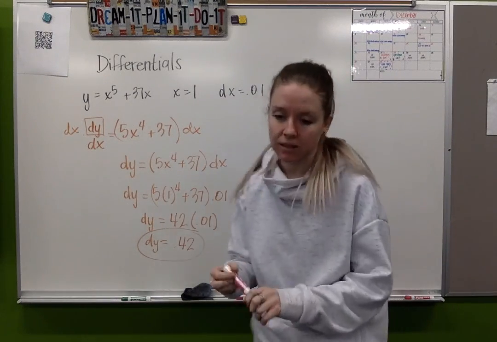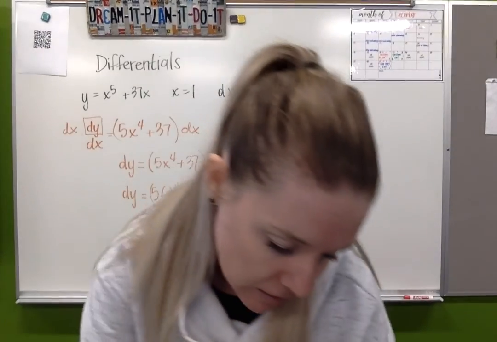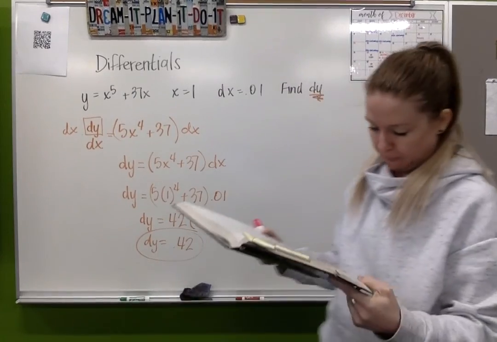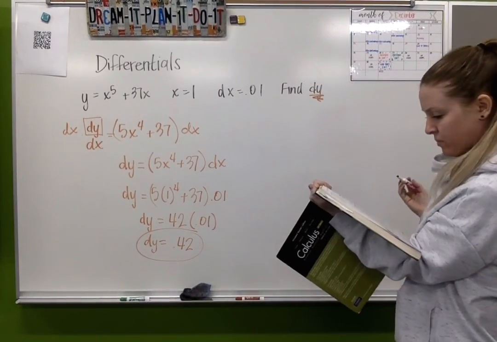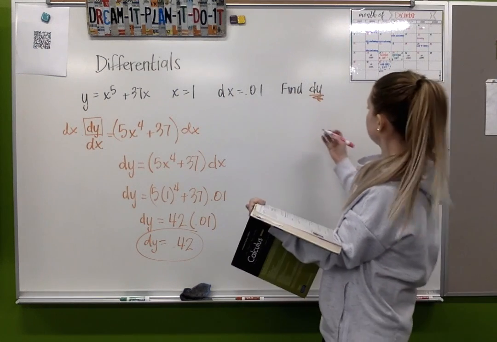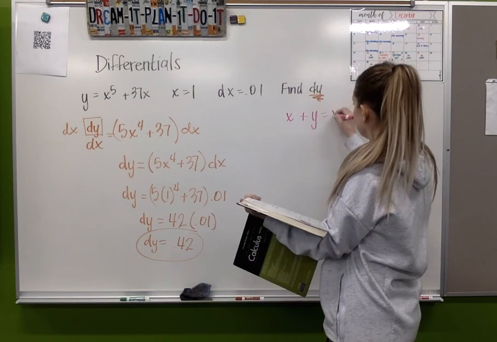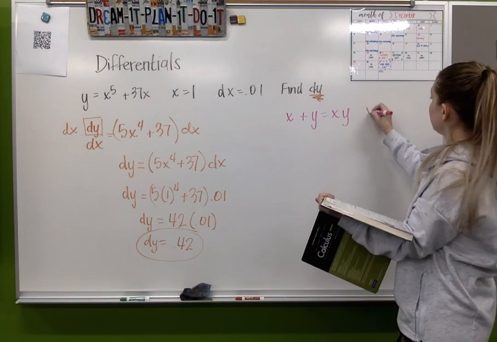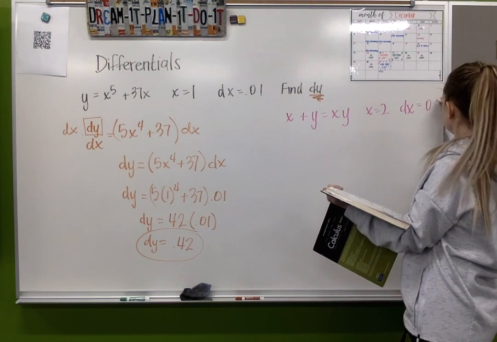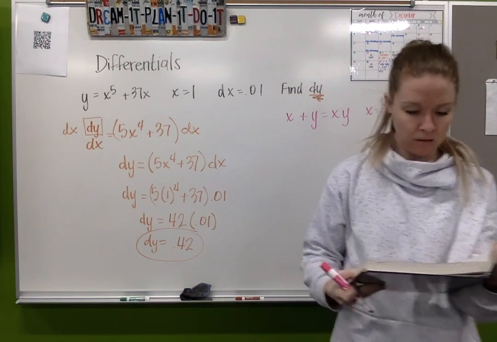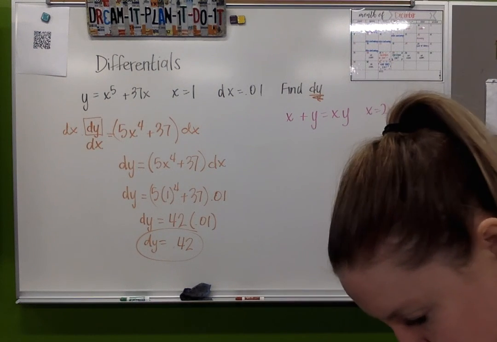Okay, let's look at another example. Let's do x plus y equals x times y, x equals 2, and dx equals 0.05.